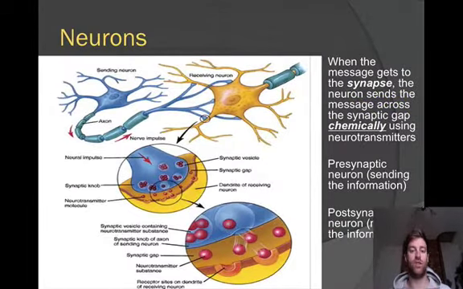So, just to be very clear, information comes through the presynaptic neuron in electrical form. Then when it hits the synapse, okay, it turns to chemical form where neurotransmitters are sent across the synaptic gap, which is then picked up by the postsynaptic neuron receivers in the dendrites, and then sent through that neuron.